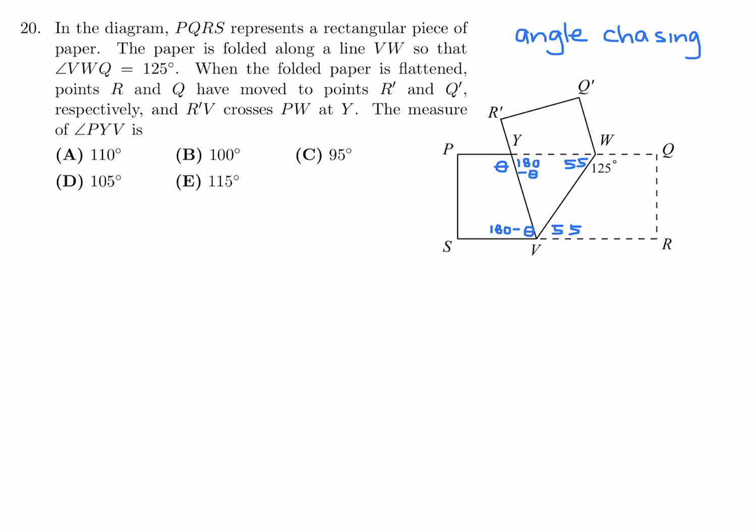And let's see here. Therefore, if this angle is z, z plus 55 plus 180 minus theta is equal to 180. So when you solve for z, you get z is equal to theta minus 55. So let's put that in there. Theta minus 55.